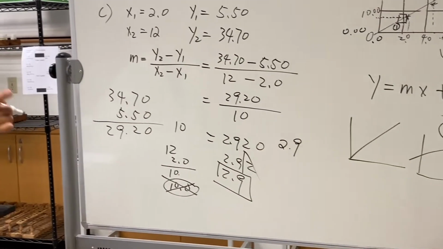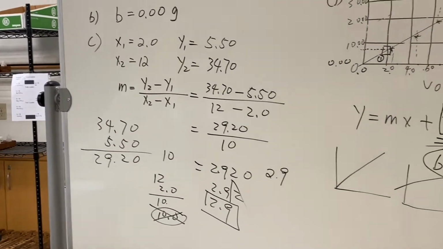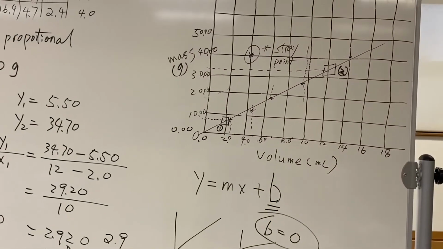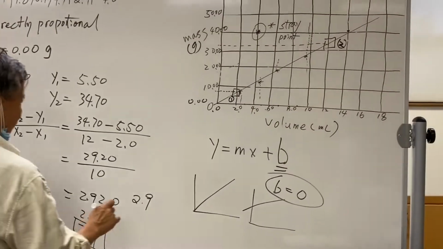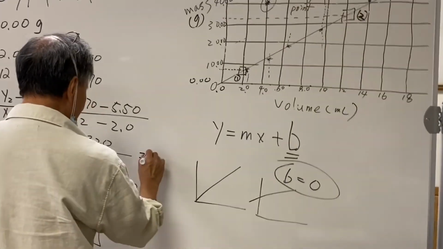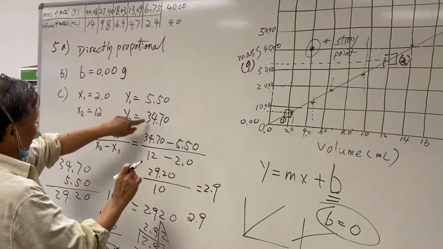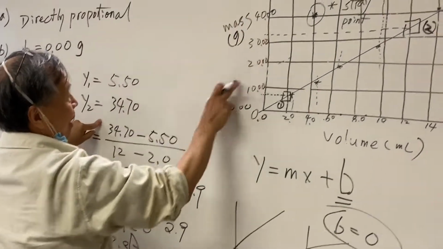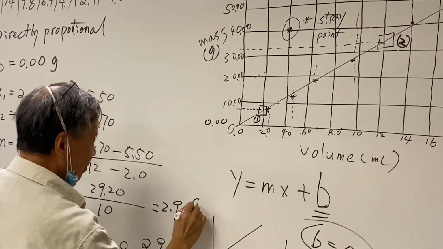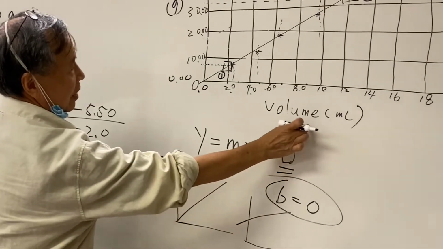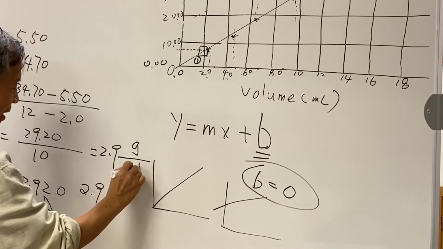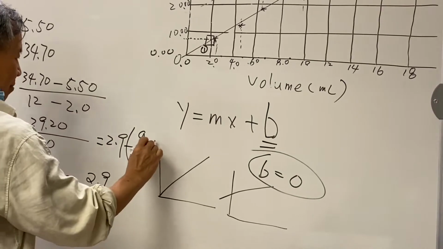Now, you have a 2.9. That's only half of the credit. Remember, a number without a unit is useless. Therefore, now 2.9: on top, it's your y, so the unit is mass, and on the bottom, the unit is milliliter.